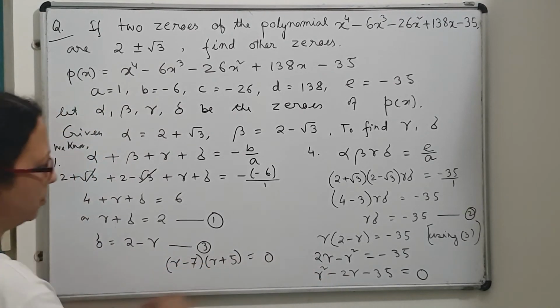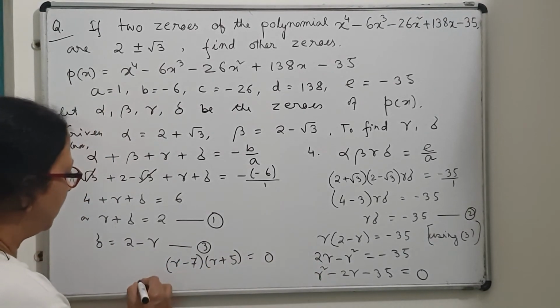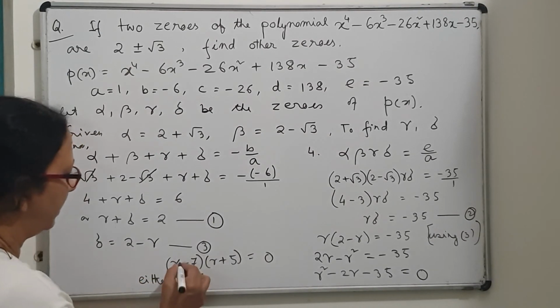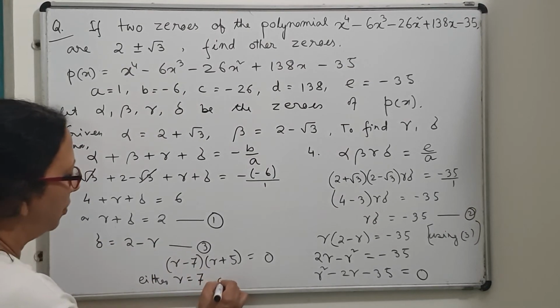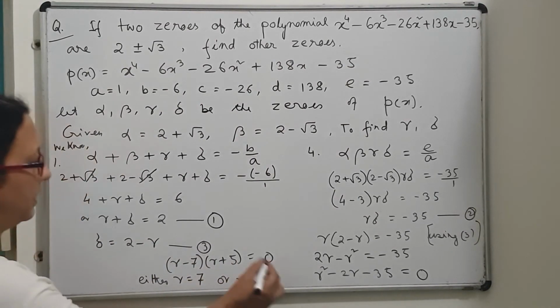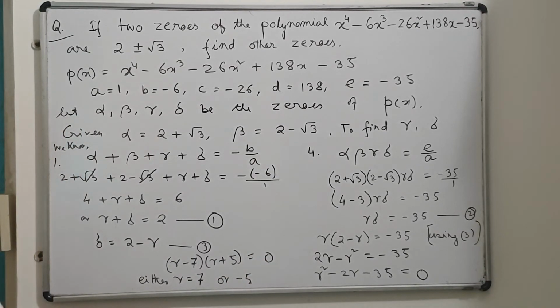So from these two, I will be getting two values of gamma. Either gamma will be equal to 7 when I equate this to 0, or it will be equal to -5 when I equate that to 0. So two values of gamma I am getting. Now you see, corresponding to these values of gamma, I will be getting one value of delta. When gamma is 7, delta will be 2 minus 7, it will be minus 5.